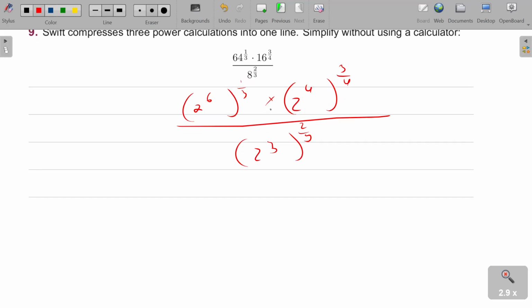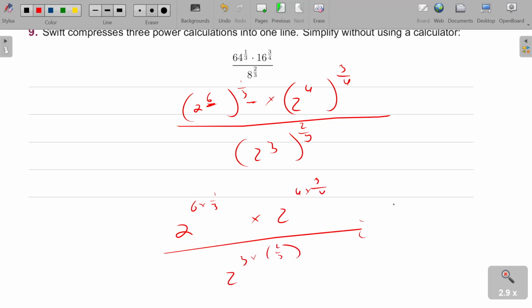And now I can multiply the exponents. I can multiply the 6 by 1 over 3, for instance. That'll be 6 times 1 over 3, and then 4 times 3 over 4, and that'll all be over 3 times 2 over 3. You see that these cancel out. I messed up, it's not 4, obviously.